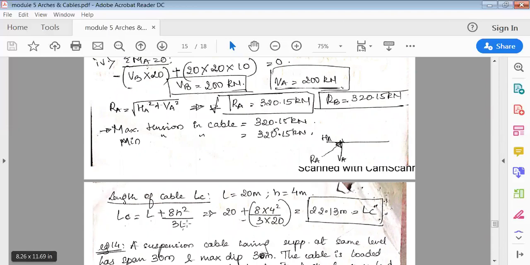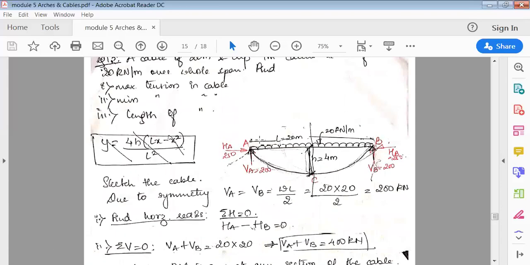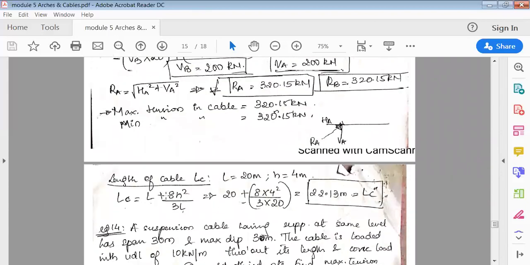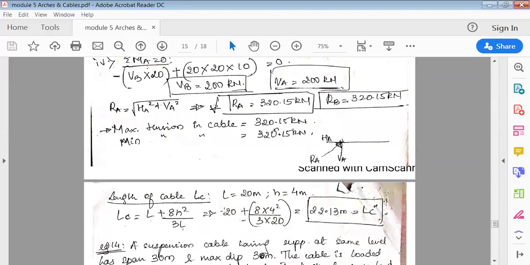Now again, for the length of the cable, we'll always use this formula: LC is L, the clear distance, plus 8h square by 3L. So we have to substitute L, 8h square, dip square, 4 divided by 3L.